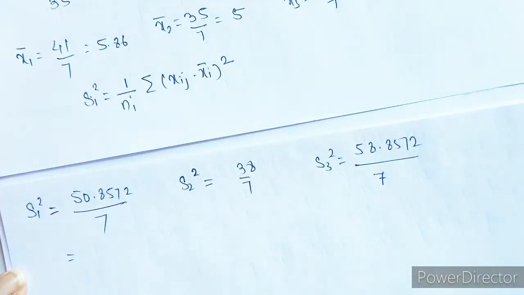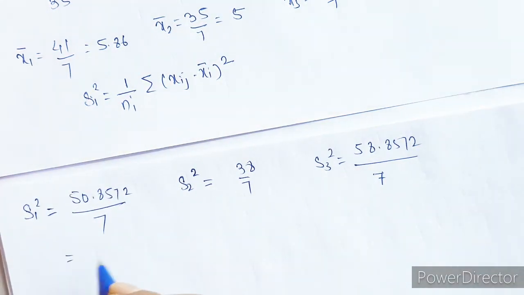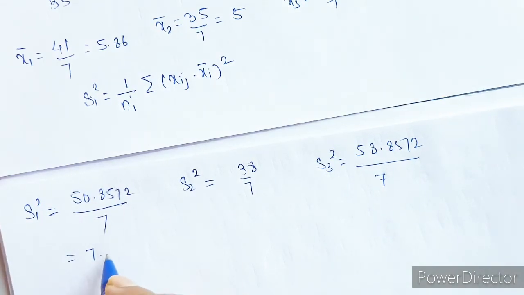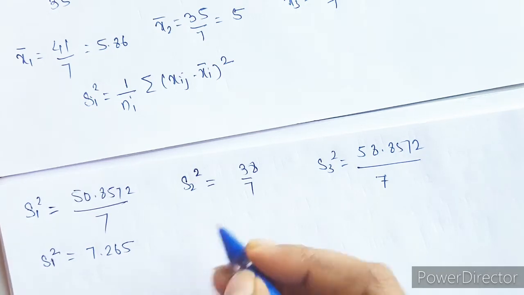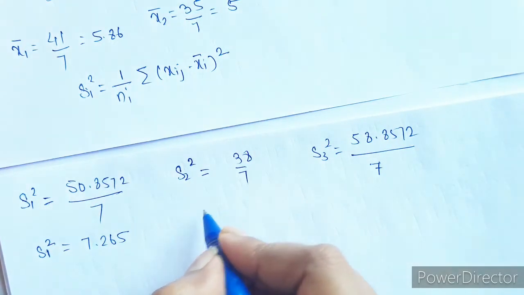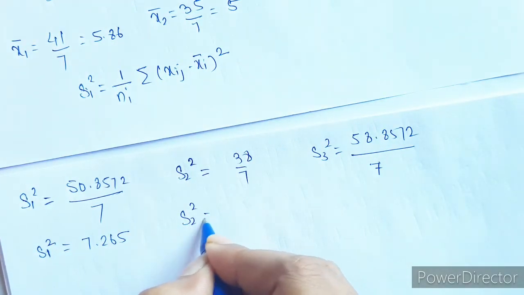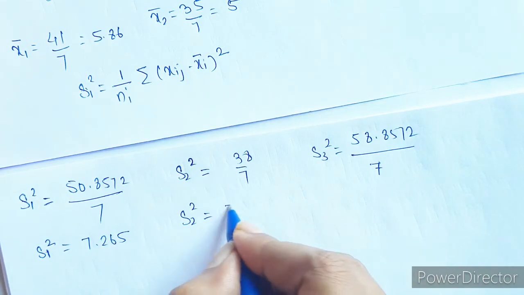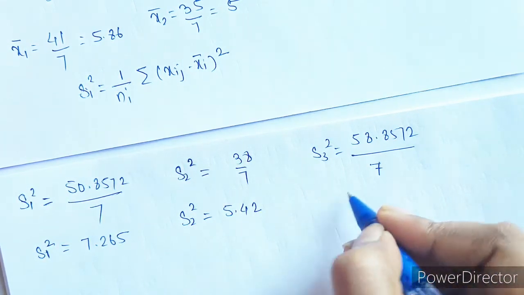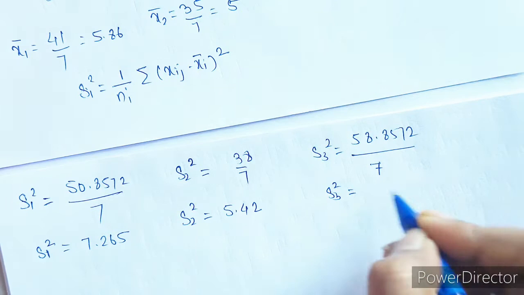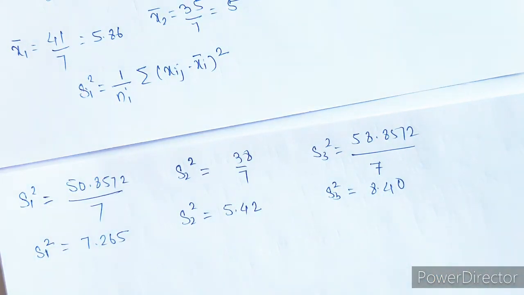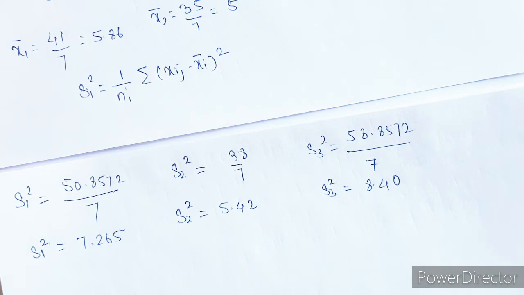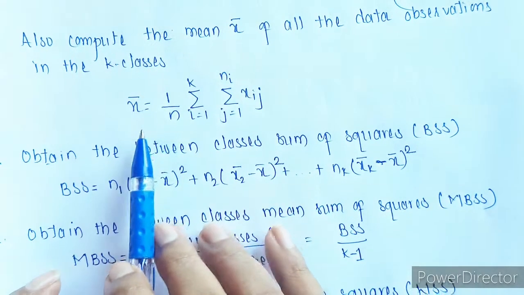So approximately this will be 7.265. It is standard deviation of the first class or the hospital A. Standard deviation for the second class or hospital B will be 5.42, and for the third one or the hospital C is going to be 8.40.